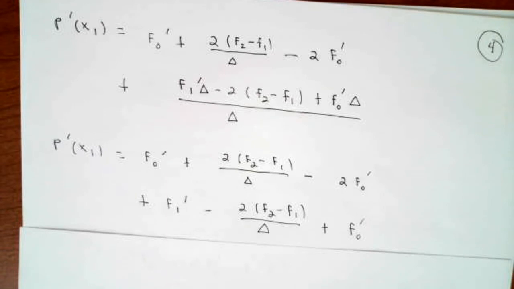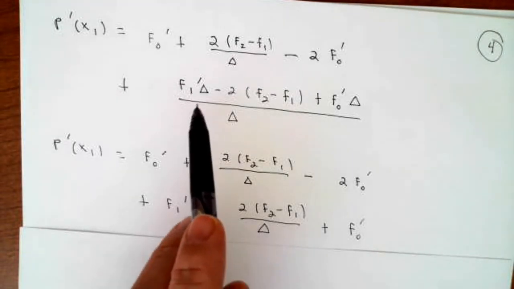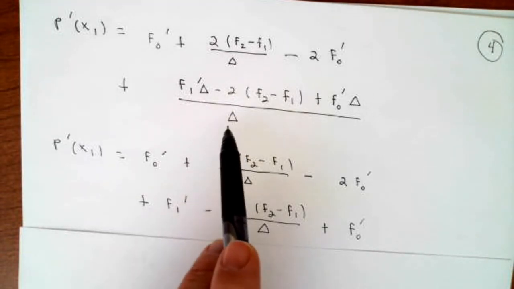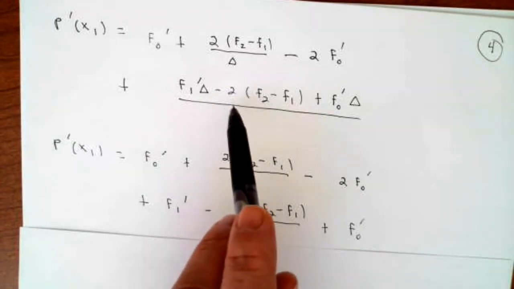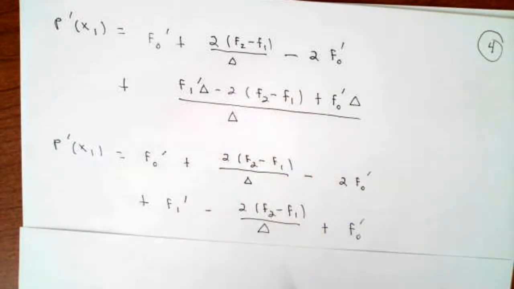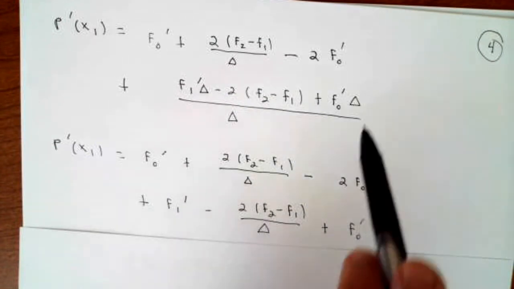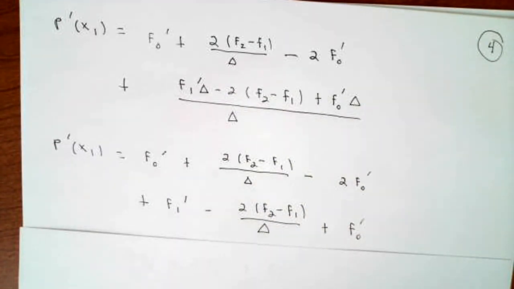Split that second very ugly looking fraction up into pieces. F prime 1 times delta over delta is F prime 1 minus 2 F2 minus F1 over delta minus 2 F2 minus F1 over delta, plus I have F prime 0 times delta over delta, which is F prime 0.